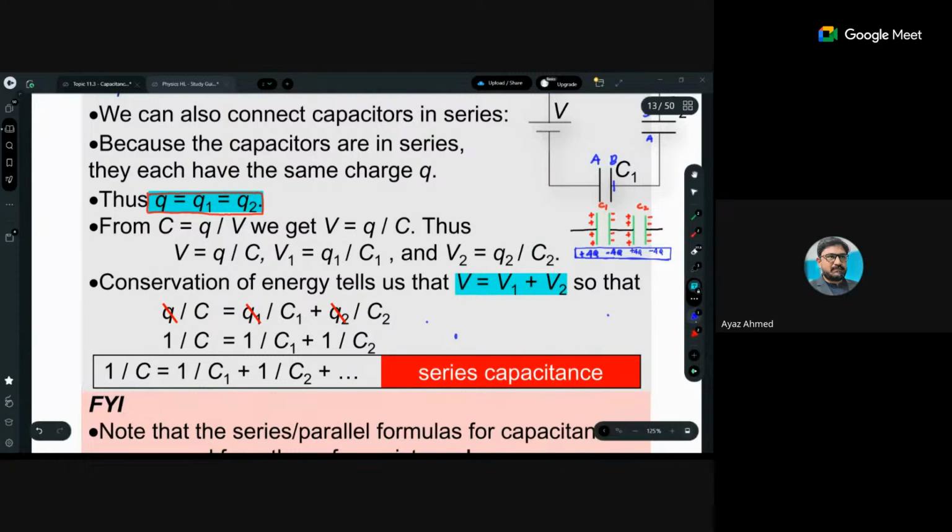So if I just apply this as a master equation, V is equal to Q by C, right? Then V1 is equal to Q1 divided by C1, and V2 is equal to Q2 divided by C2. So I would just plug in all those values.